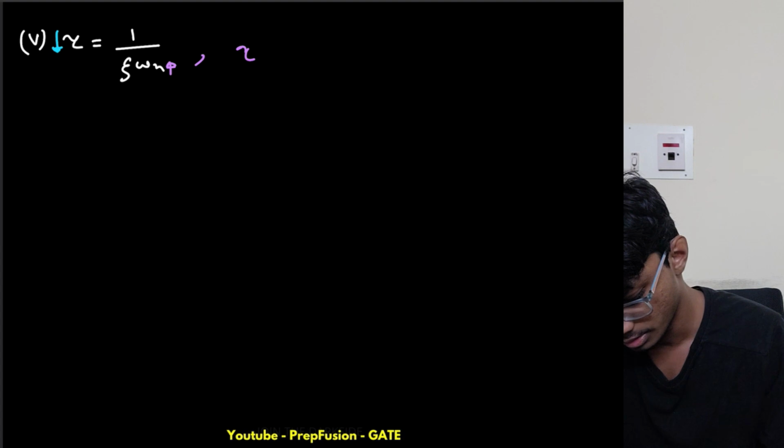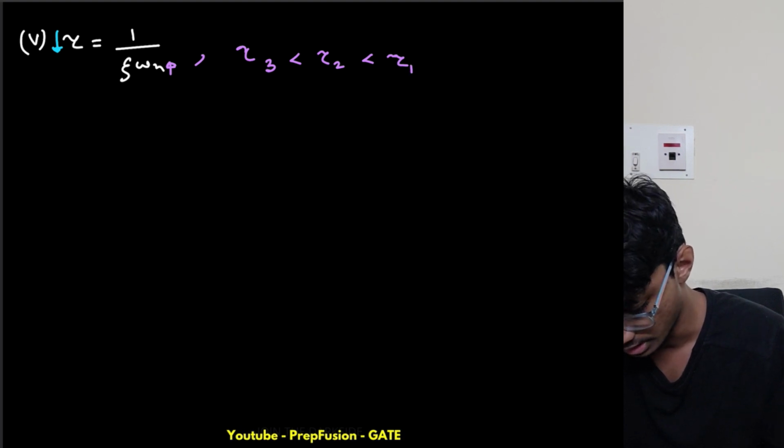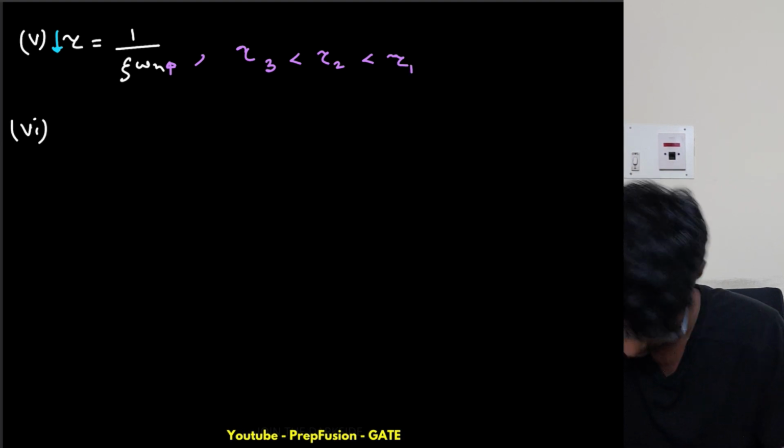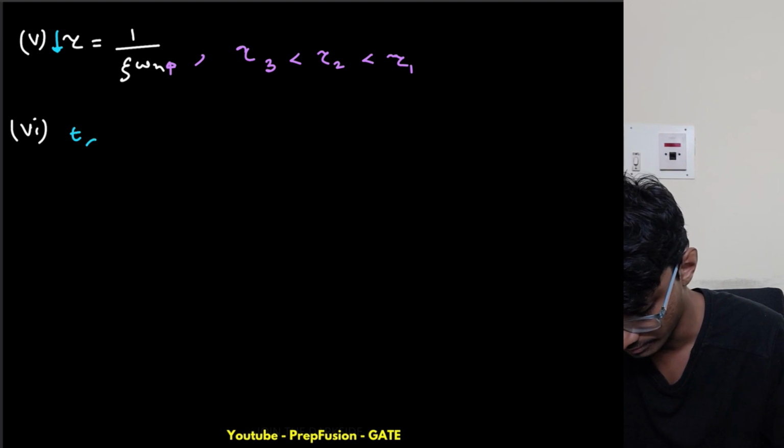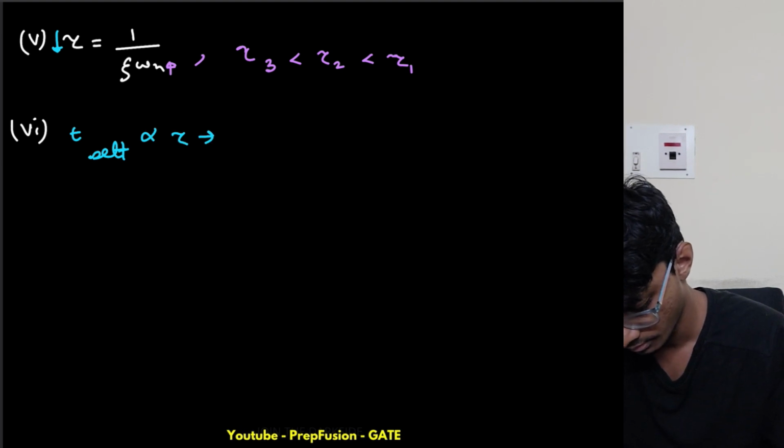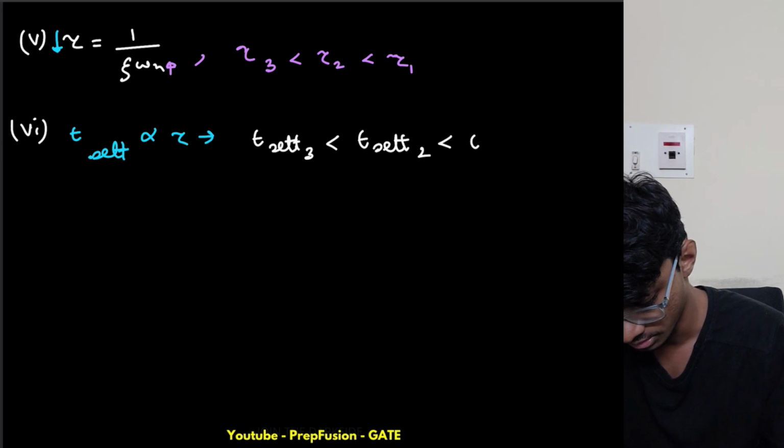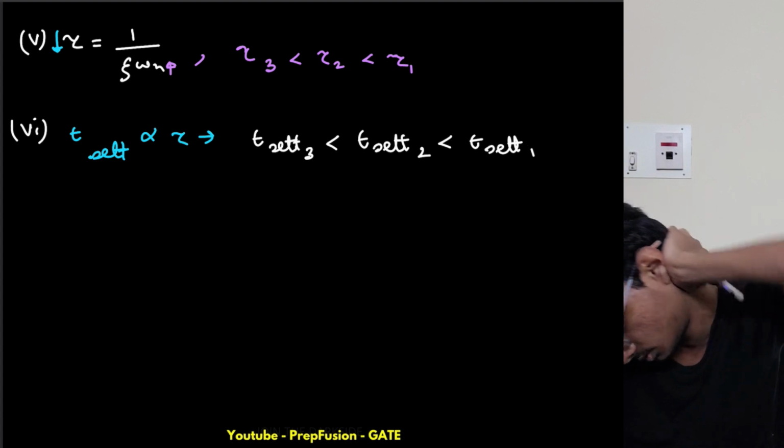Okay, so my tau3 will be less than tau2, which will be less than tau1. It is directly proportional to the settling time, so my settling time will also reduce. Settling time 3 is less than settling time 2, which is less than settling time 1. Okay, so this will further reduce.